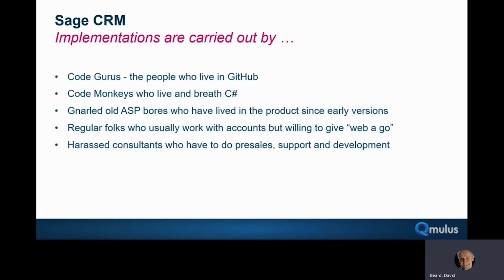And the point of using those examples, and there are thousands more, I've just picked a few, is to prove the point that implementations and thus the project management of these implementations can be carried out by people who are either super duper code heavy people, or equally, if I build all those up, just people who are good at pointing and clicking and setting up the configuration once they've understood the basics of the product.